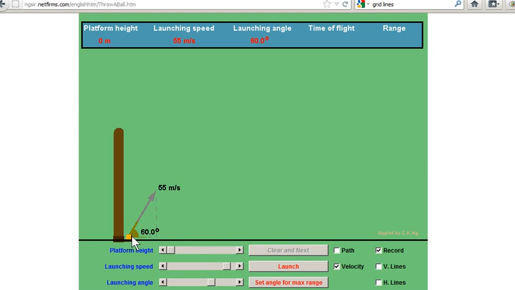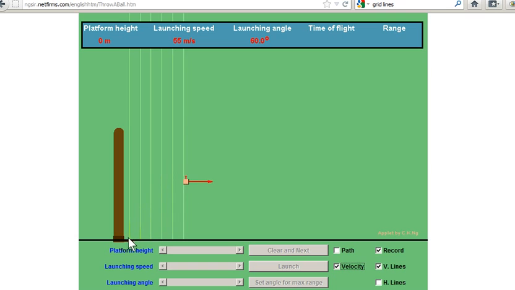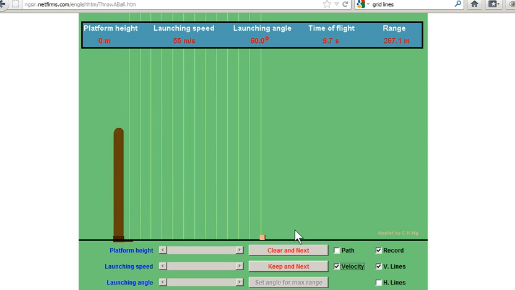Let's look at the motion of the particle again. We will show the x and y components of the velocity. See the Vx component remaining constant, Vy is shrinking to 0 when it reaches its maximum at 0. Vy is now changing direction and increasing, but Vx is constant. We can show vertical lines here to indicate that the particle covers the same horizontal distances in the same time, because Vx is constant.